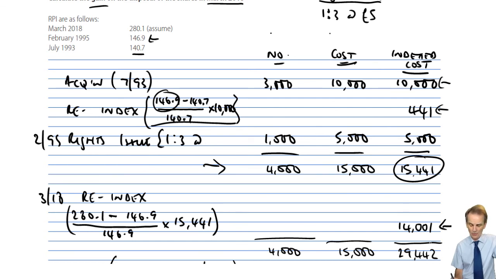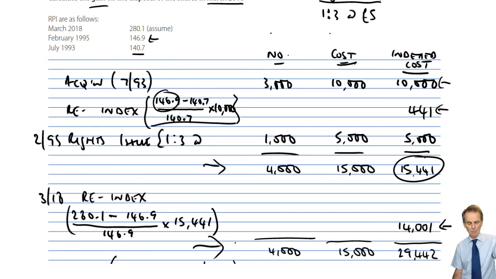At that point we recompute how many shares, at what cost and index cost, lie within that share pool. As we can see, 4,000 shares, cost 15,000. That hasn't changed, but the index cost has gone up hugely, to £29,442.